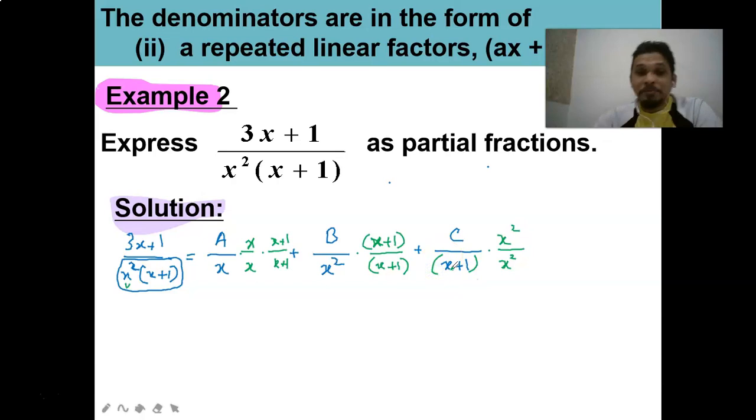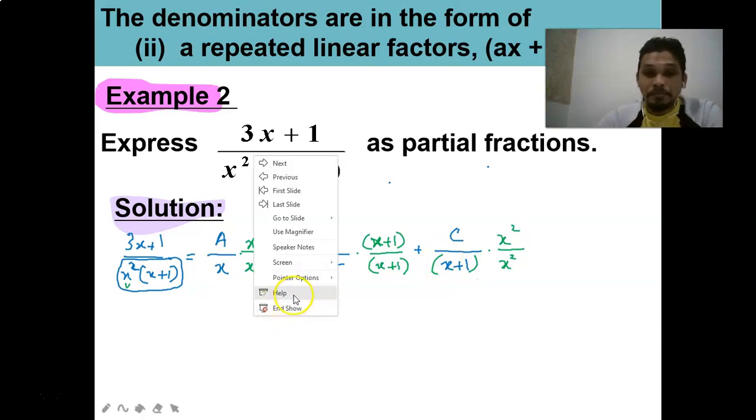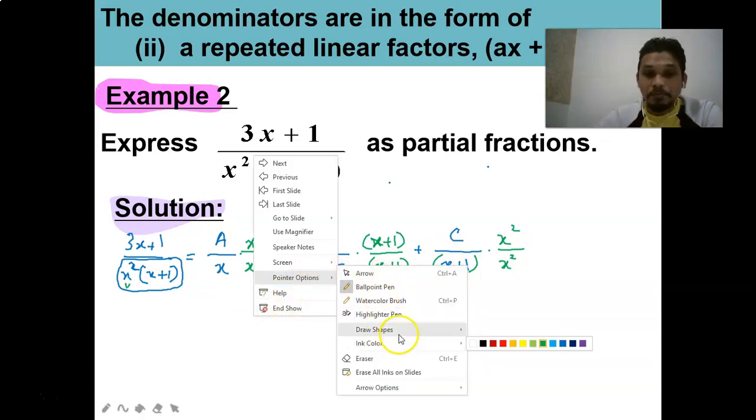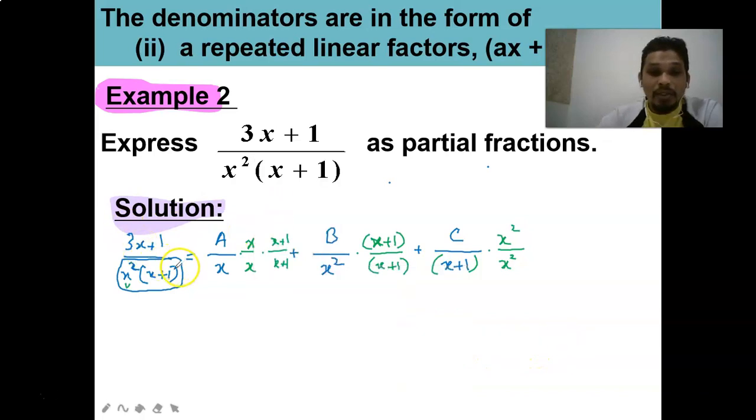So now, we are going to compare the numerator, which is 3x plus 1 equal to, okay, a times x plus 1, it gives you ax squared plus ax.